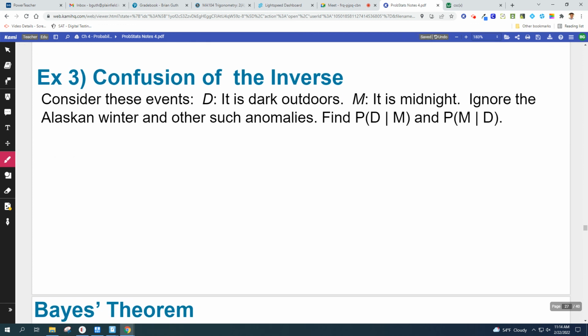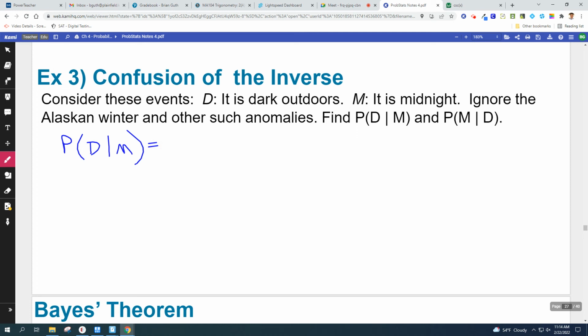Example 3, consider these events. D is it's dark outdoors. M is it's midnight. Ignore the Alaskan winter and other such anomalies. Find the probability of dark given midnight and midnight given dark. So probability of dark given midnight.